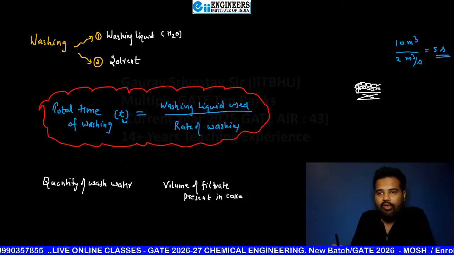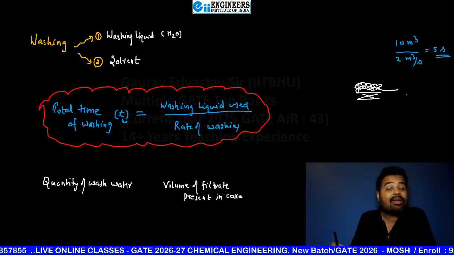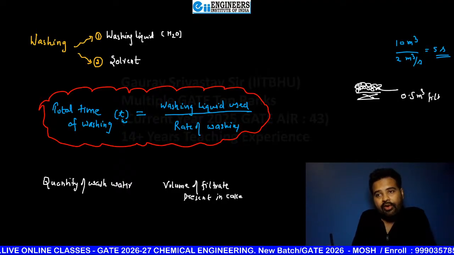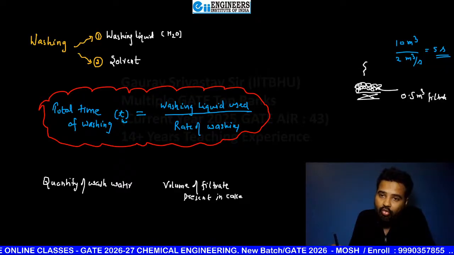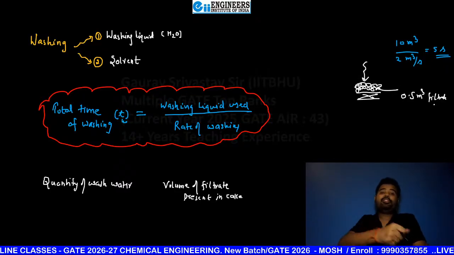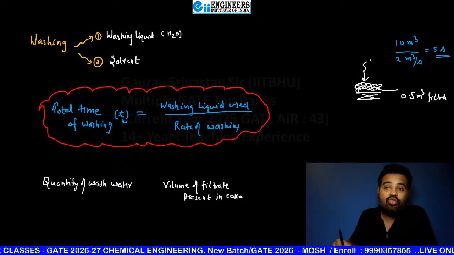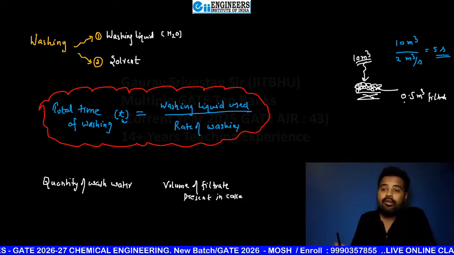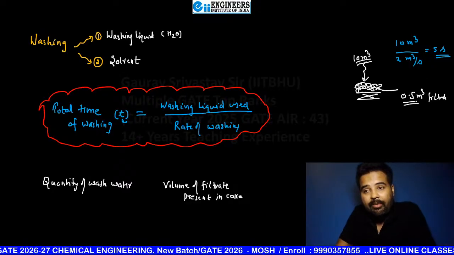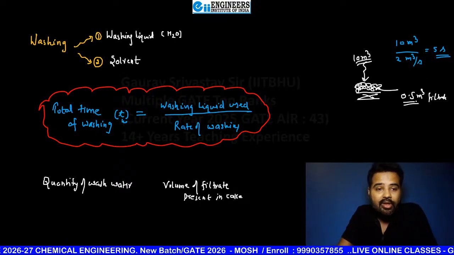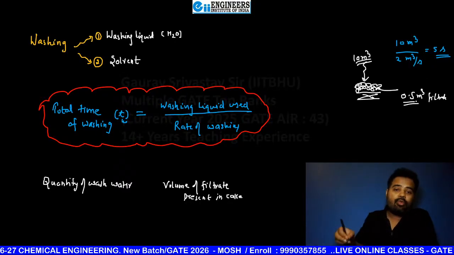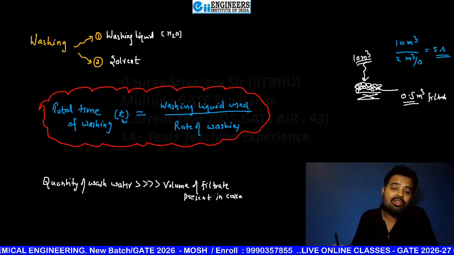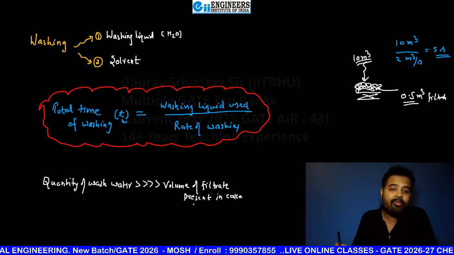Inside this cake, suppose I am telling 0.5 meter cube of filtrate is there. In order to wash or recover this 0.5 meter cube filtrate, you need too much higher an amount of wash water in comparison to the amount of filtrate available there. So if someone asks you the comparison between these two, then the wash water quantity has a much larger value in comparison to the volume of filtrate present in cake.